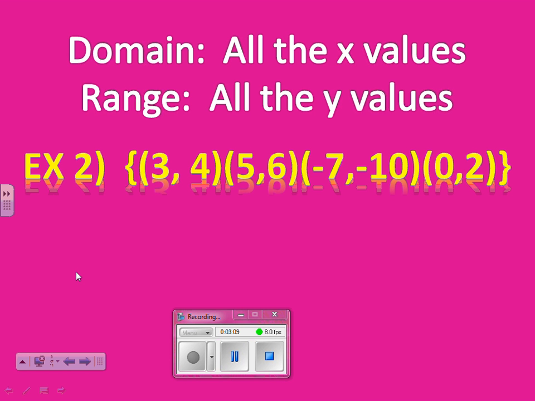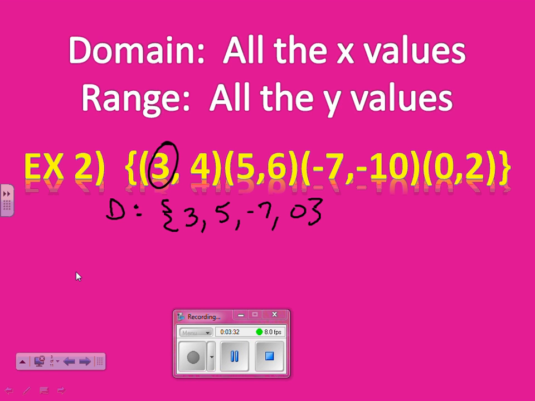Okay, so on example 2, let's state the domain and the range. If domain is the x values, what would the domain be? 3, 5, -7, and 0. Any questions on this?